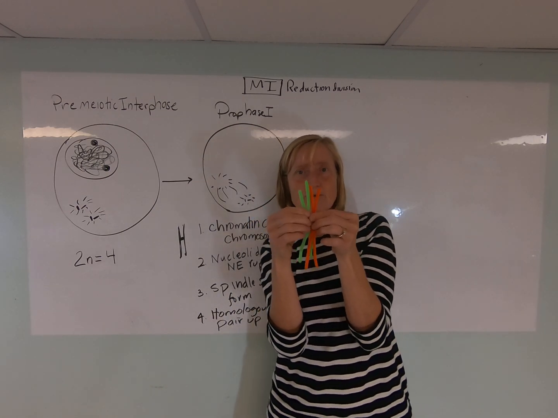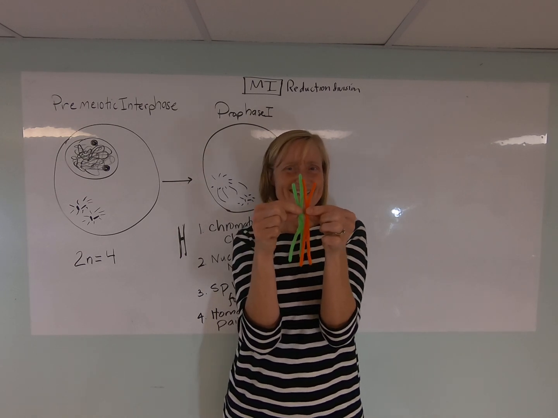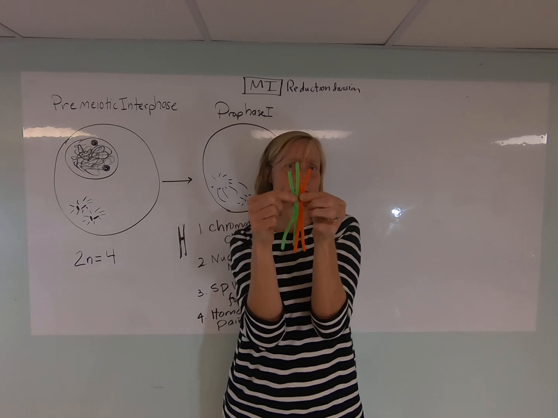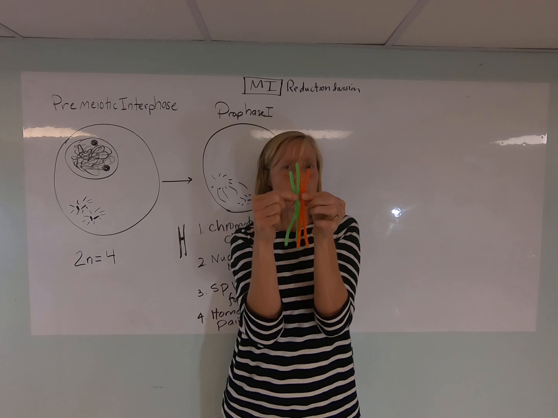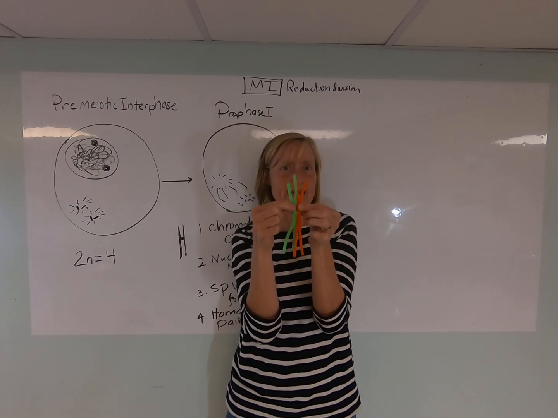And when they're paired up, we sometimes call them a tetrad. Can you see why? There are 4 chromatids in this tetrad, a set of homologous chromosomes that have paired up in the process of synapsis.